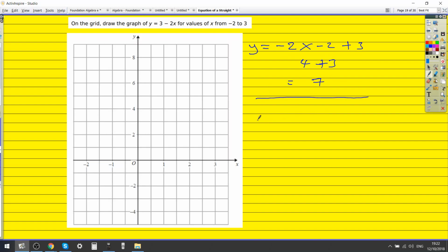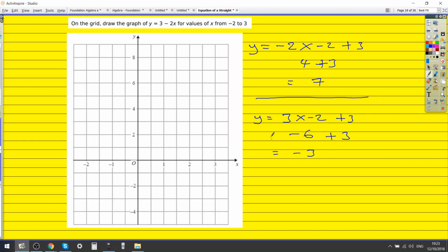And then 3 times -2, which is -6. Yeah. And then plus 3, which is -3. Yeah.